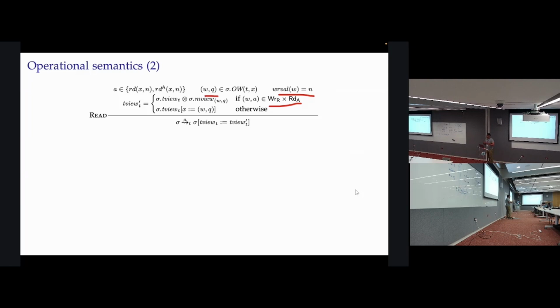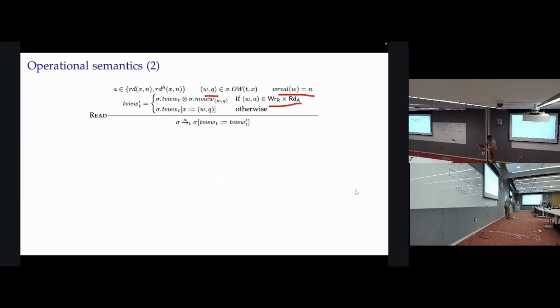You get this view update that's quite complicated, but you're essentially getting the view of the thread, the write that you read from. You inherit all of that information, so you suck it up and say, my new thread view is going to inherit all of that information.